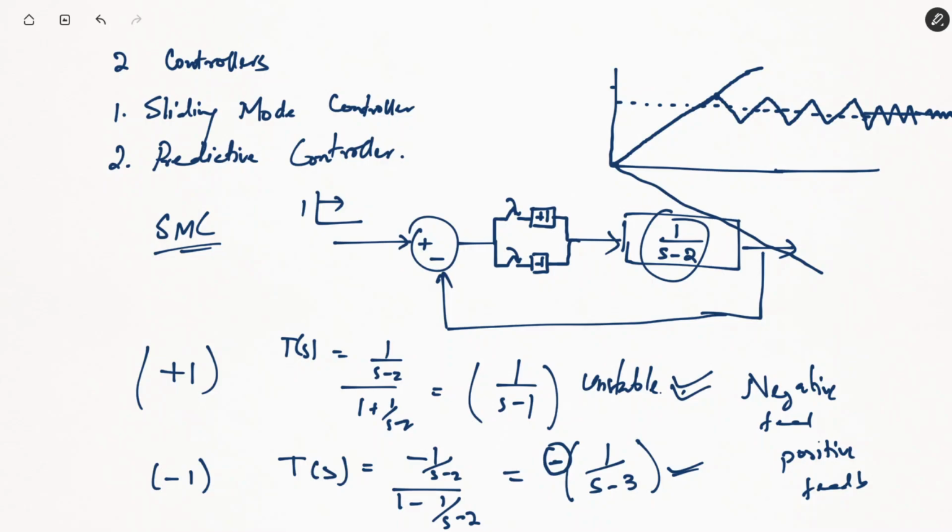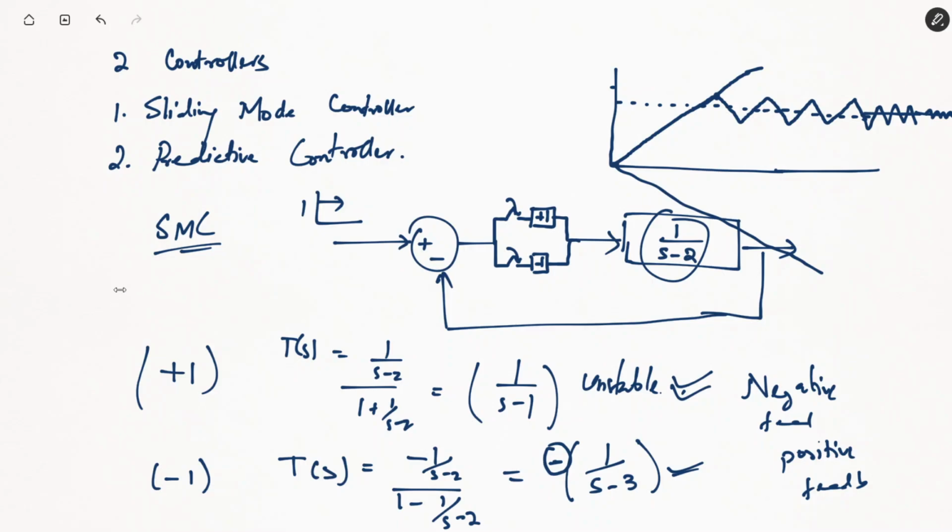So the sliding mode controller is simply a switching algorithm wherein we make the system switch between a positive feedback and a negative feedback. Because of this switching algorithm, the output response is not exactly following the steady state value, but it is sliding over the steady state value. It is switching across this steady state value.